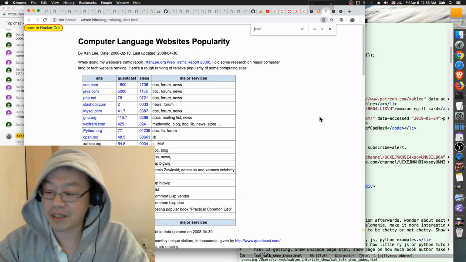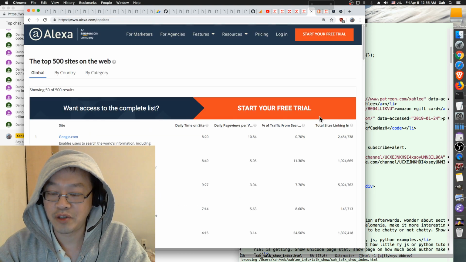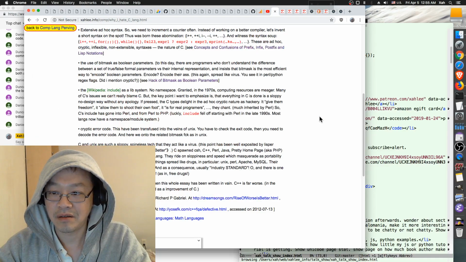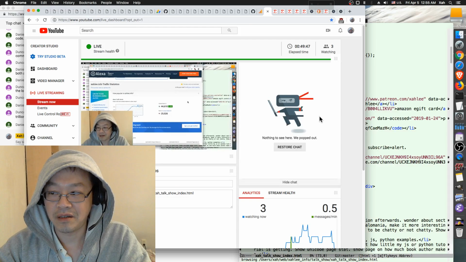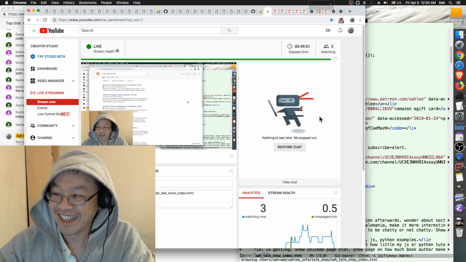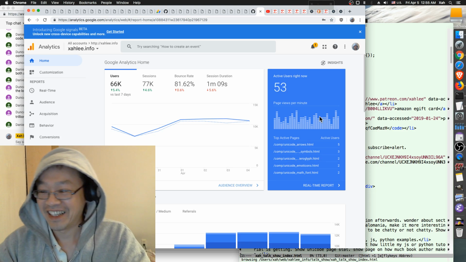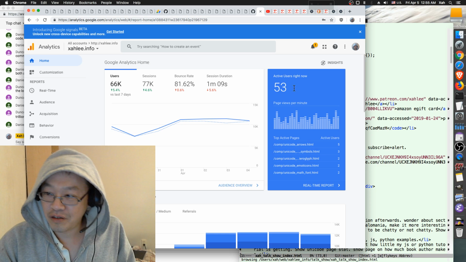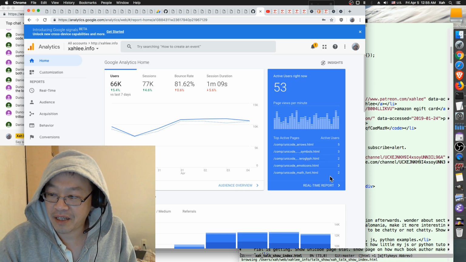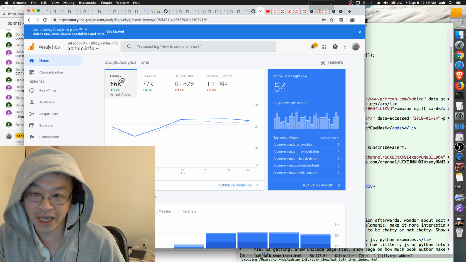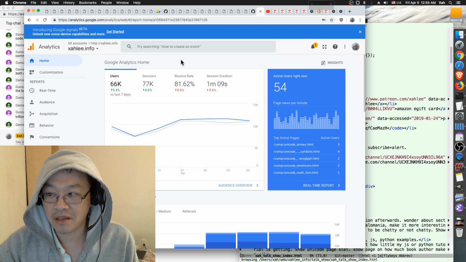So let me show you the Google Analytics. Three people watching. Shit, less and less. So Google Analytics shows me currently I have like 53 people watching. In general I have like 66k users a week.